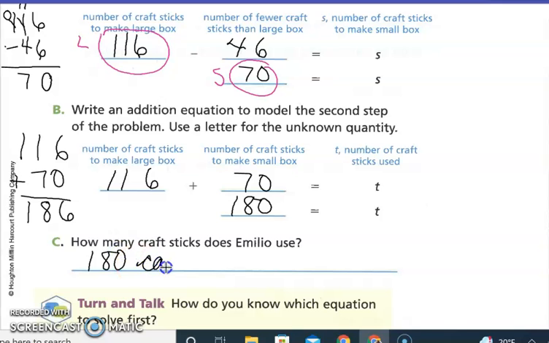You can write this in cursive. Oh, yeah. Oops. I'm sorry, that's 186 craft sticks. 186. Make sure you get that in both places.